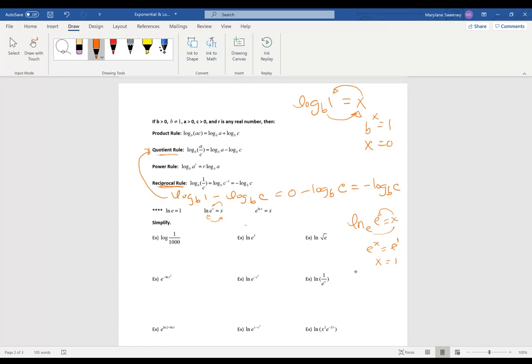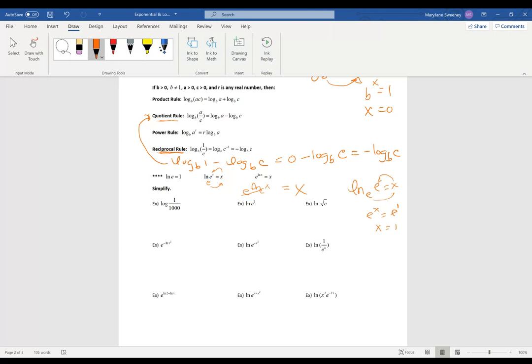Here they want you to know, I'm going to spread it out a little bit, e to the ln x. They want you to realize ln is a log with base e. So if you have a power with the base of e and a log with the base of e, these are inverses, so they cancel each other out, and you're just left with the x. So we're going to see some examples like that.